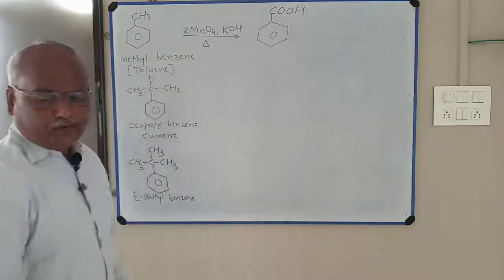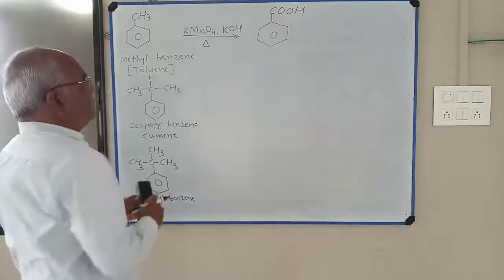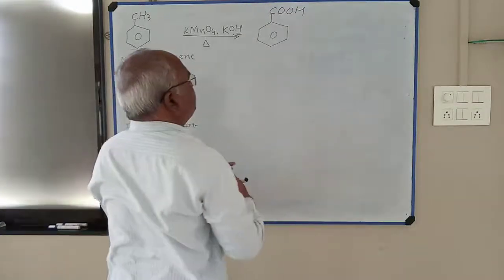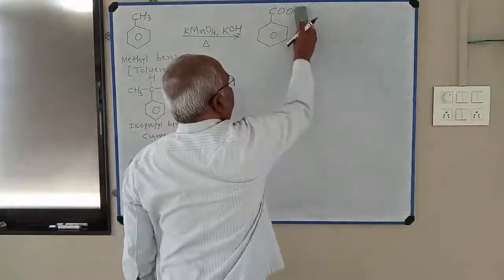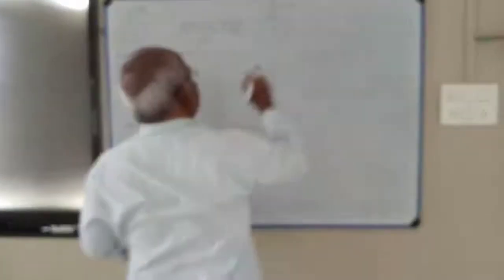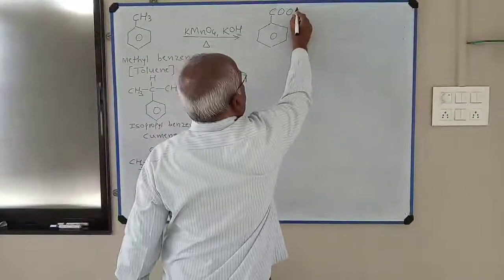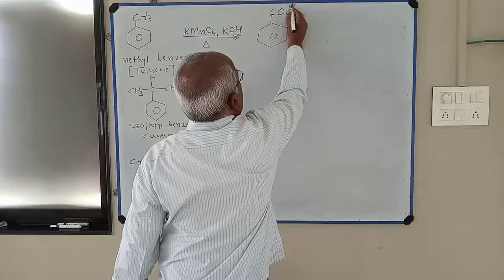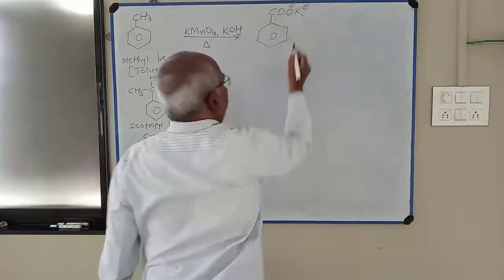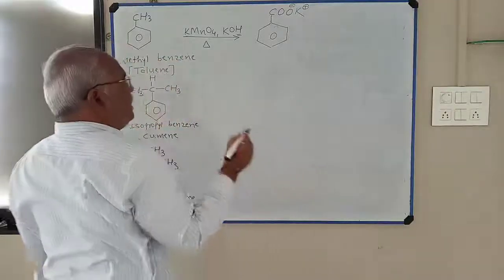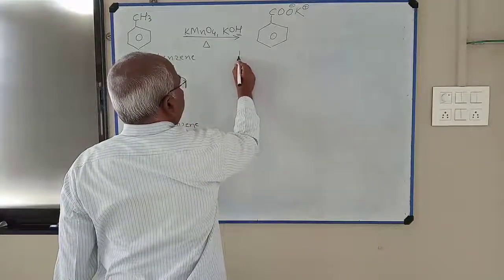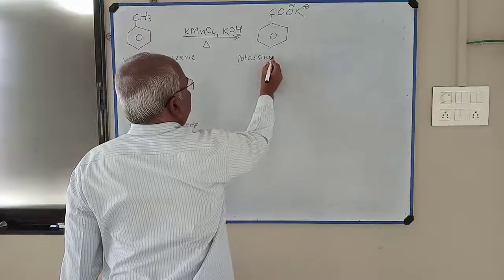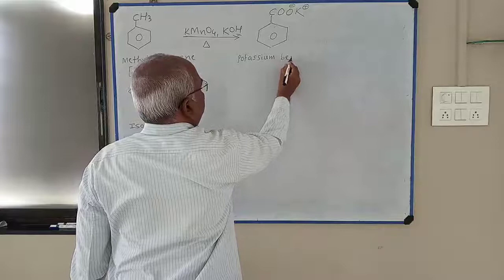Carboxylic acid is produced. But remember, the reaction is carried out in alkaline medium. Therefore, this carboxylic acid immediately combines with KOH and potassium salt is produced. Here minus sign, here plus sign. The name of the compound is potassium benzoate.